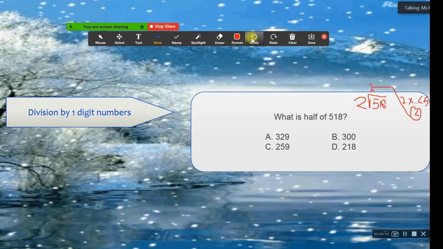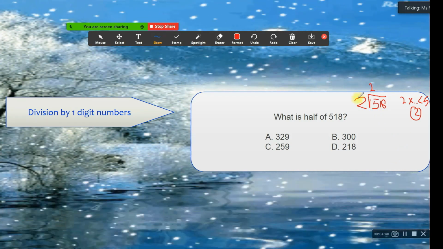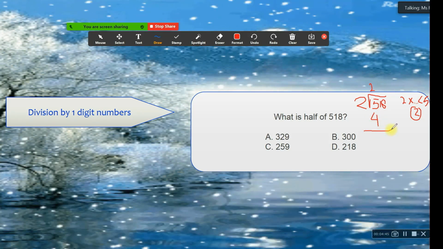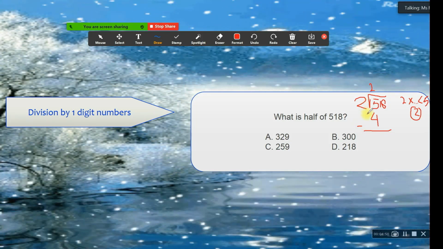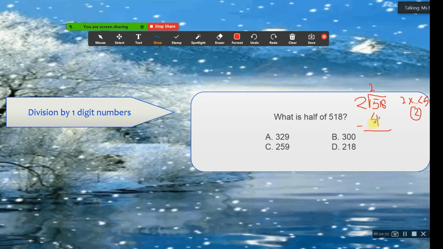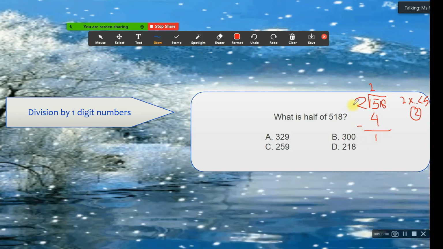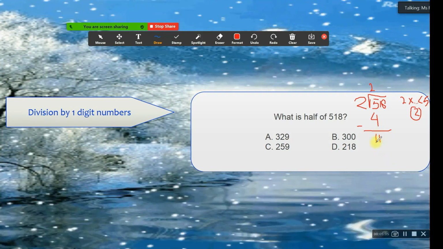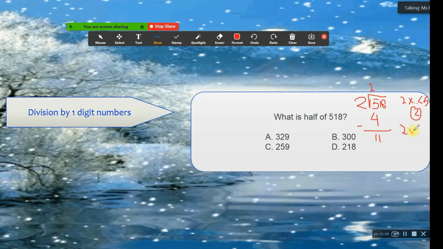After this, you can multiply 2 by 2, which is 4. We can put 4 here. And we can subtract them, because division is repeated subtraction. 5 minus 4 becomes 1. 1 divided by 2 cannot be done, so we can drop the 1 here. 11 divided by 2.